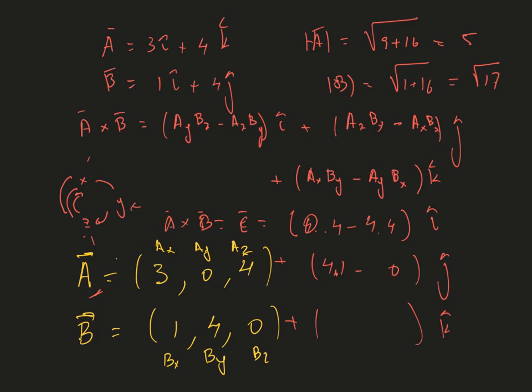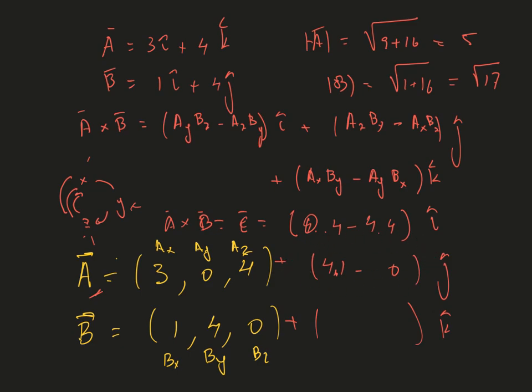If you want AX, you can do 0 by 0 minus 4 by 4. And if you want AY, you can do this cross, 3 by 0 minus 4 by 1, but you have to invert the sign. Sorry about that. The j direction will be 3 by 0 minus 4 by 1, and you have to invert the sign, because if not, it will be the opposite like I wrote here.